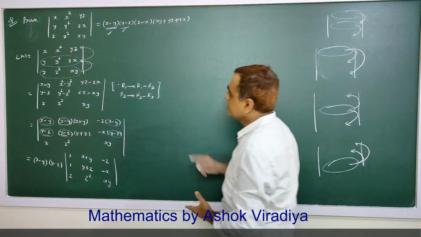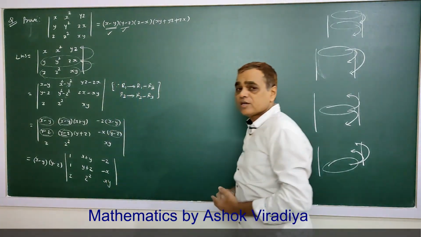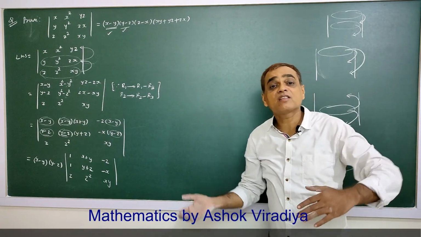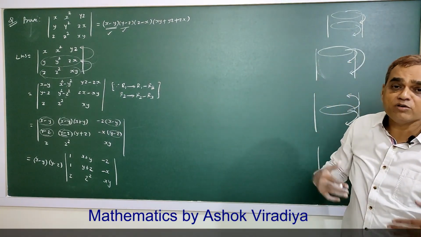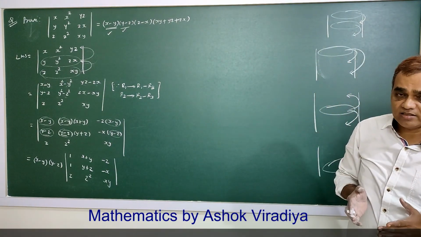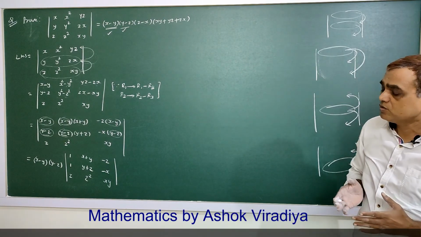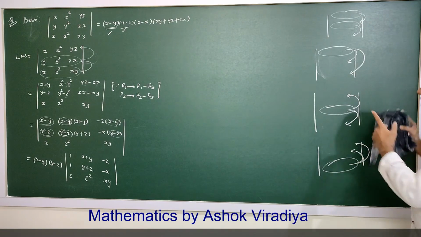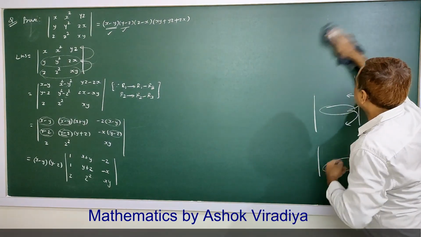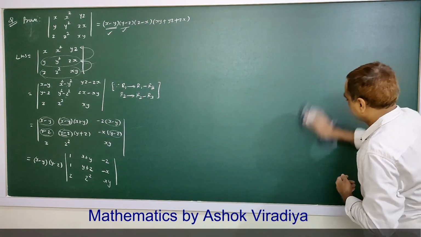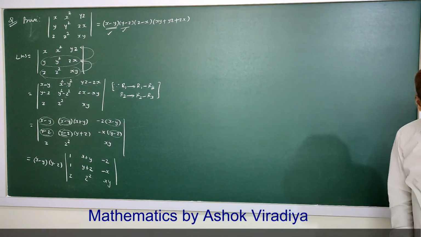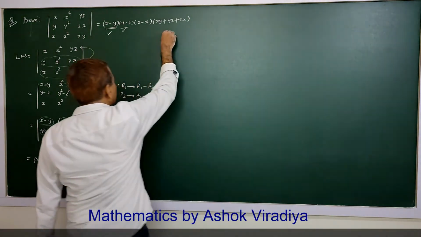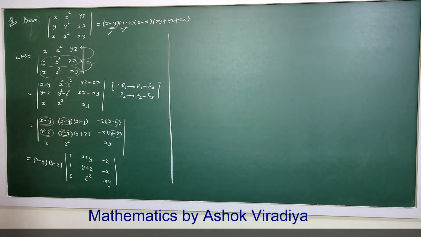Sometimes you will get these two factors common, sometimes second and third common, sometimes first and third common, sometimes with opposite sign. So such type of questions can be solved by many ways. Mechanism is same. We cannot say that these are different methods. Startings are different, but applying same rules.